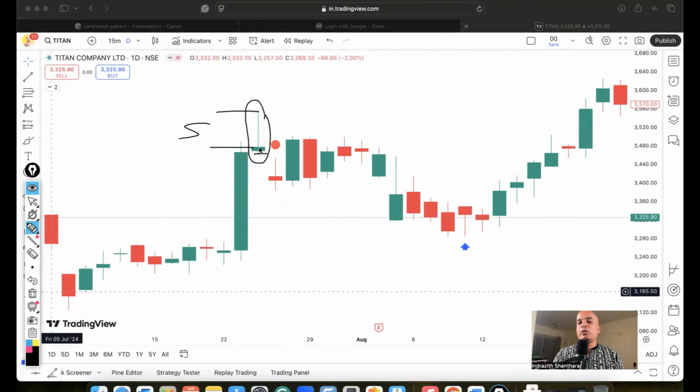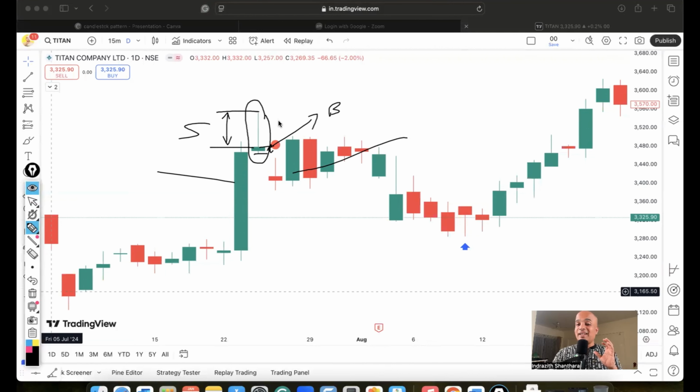And from here to here, only this zone belongs to buyers. So tell me, who is more powerful in this? Without a doubt, this is powerful. Compared to this, it's not even visible. In this particular candle, I'm not talking about what happened next. In this particular candle, sellers are strong compared to the buyers.